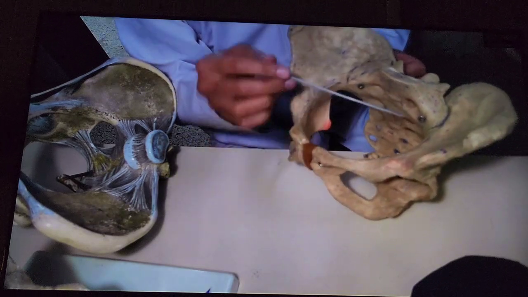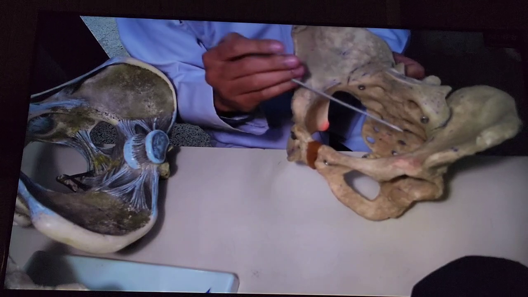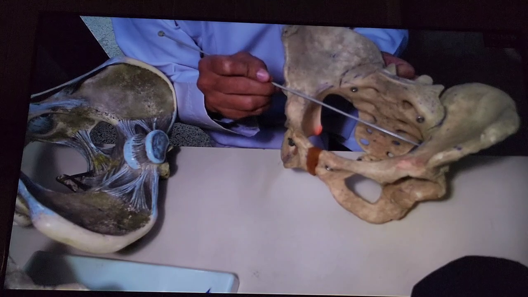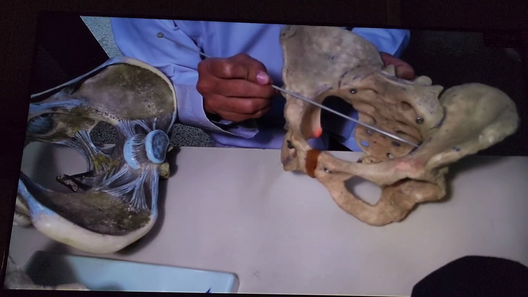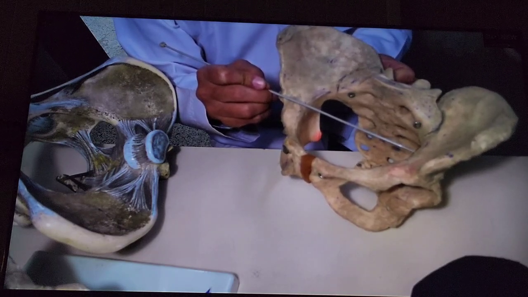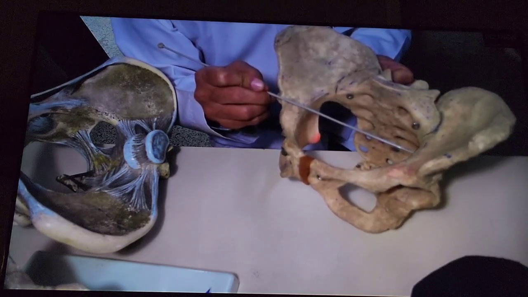Another dimension is the transverse diameter. This is the transverse diameter joining the linea terminalis, and it is about 13.5 centimeters.